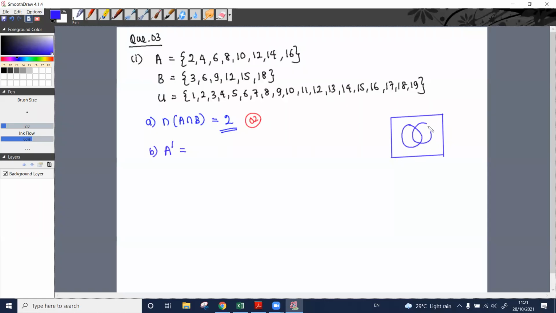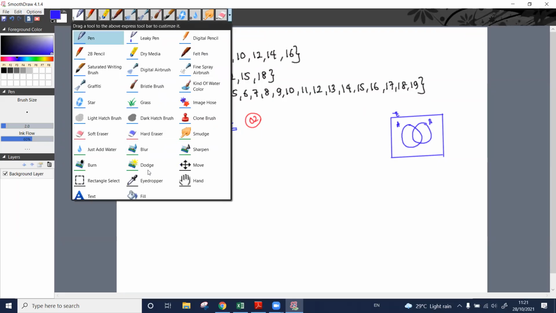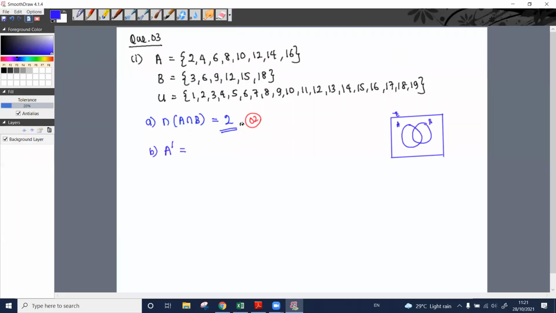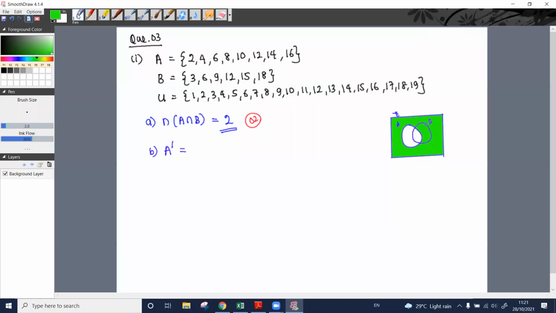This is A, this is B, and this is the universal set. A dash means the area that does not belong to A. It means this region. In the universal set, how many elements are there?